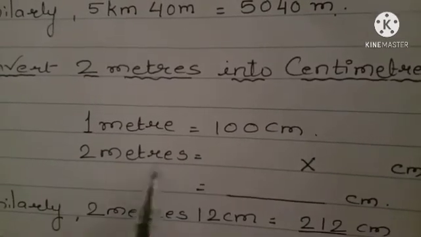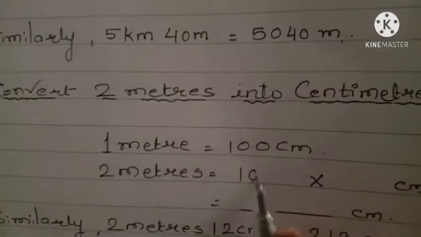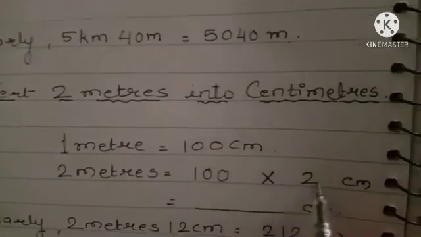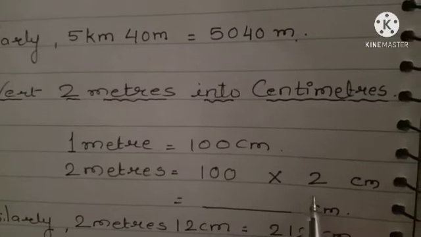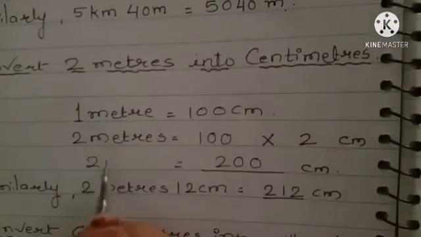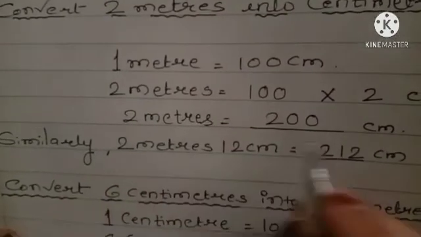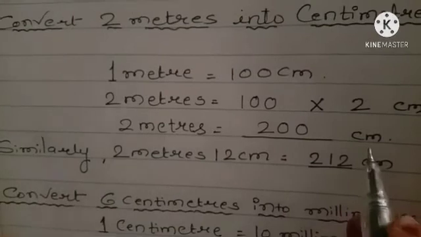So here given 2 meters, that is equal to 100 multiplied by 2, that is equal to 100 2s are 200 centimeters. Means 2 meters is equal to 200 centimeters.